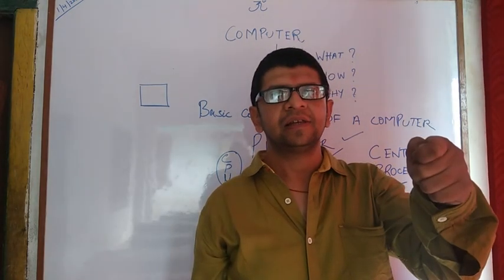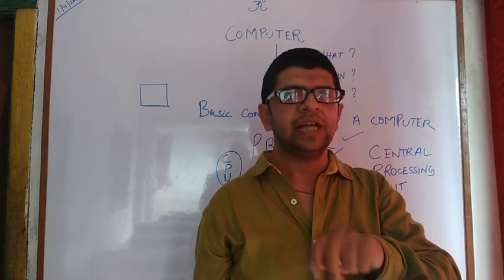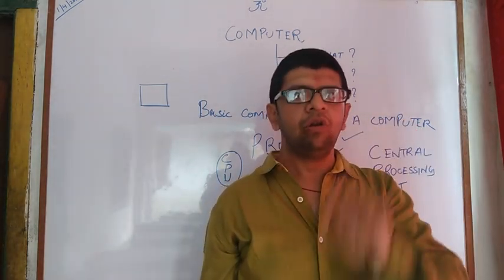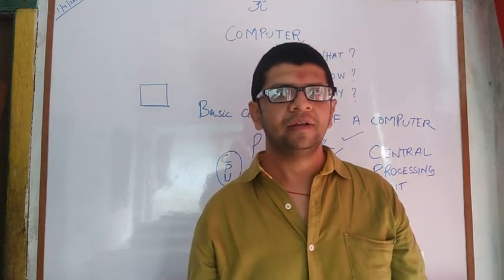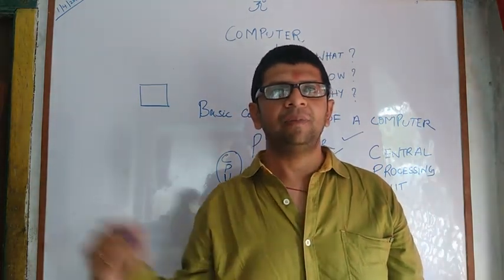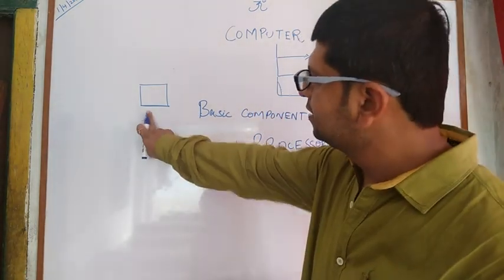It gets signals in zeros and ones. It gets all information in it, computes the information and sends it back to the memory for display and other purposes. All the calculations are done in this processor.